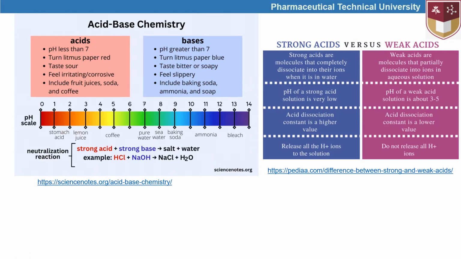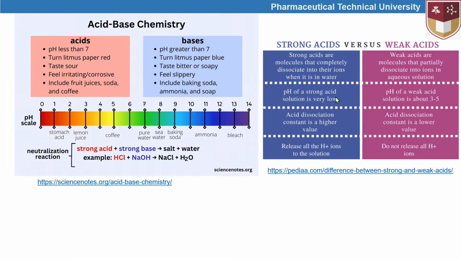hydrogen or hydroxide ions. And here we can find out about some differences between strong acids and weak acids. Strong acids are expected to completely dissociate into their ions when they are dissolved in water, and weak acids are ionized partially.